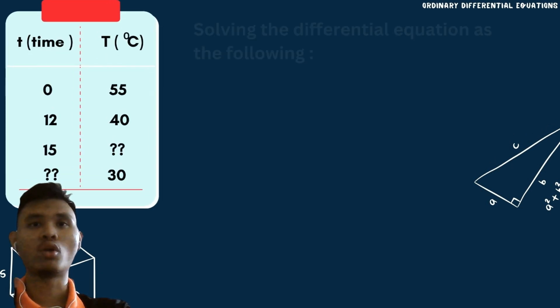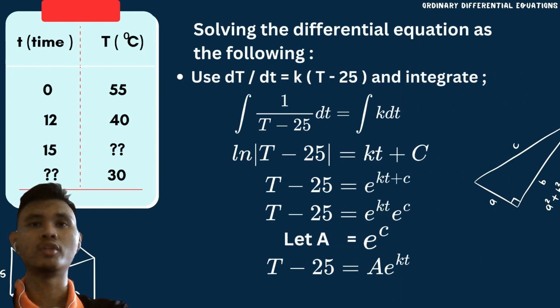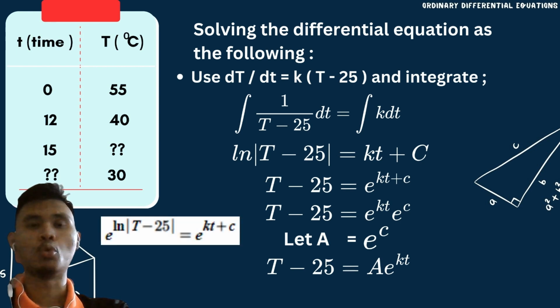And then we solve the differential equation as follows: integrate 1 over (T minus 25) dT equals integrate k dt. So we get ln|T minus 25| equals kt plus c. In order to remove ln, we put an exponent on both sides, which gives T minus 25 equals e to the power of (kt plus c).